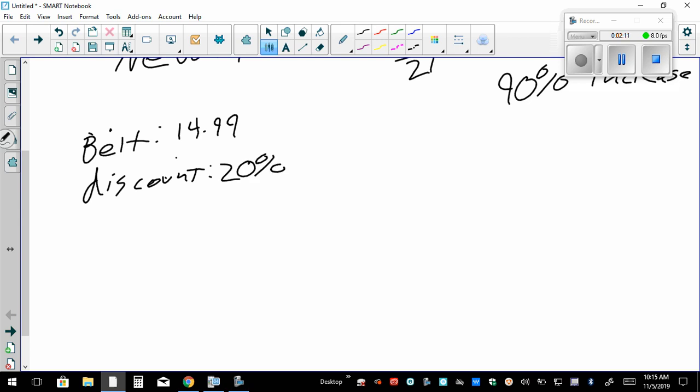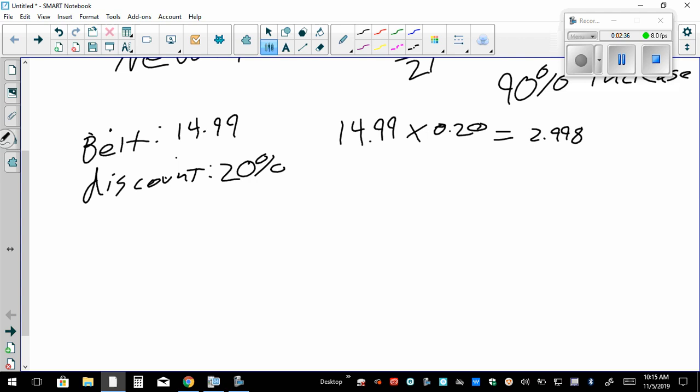So we take 14.99 and multiply it by 0.20, which is 20%, and that equals 2.998. That's the percent discount.